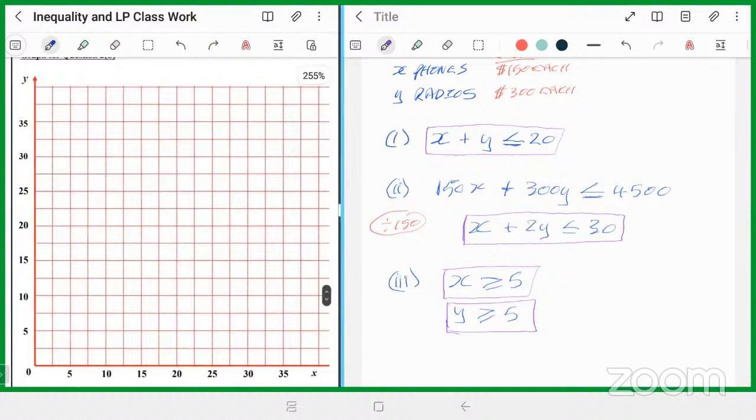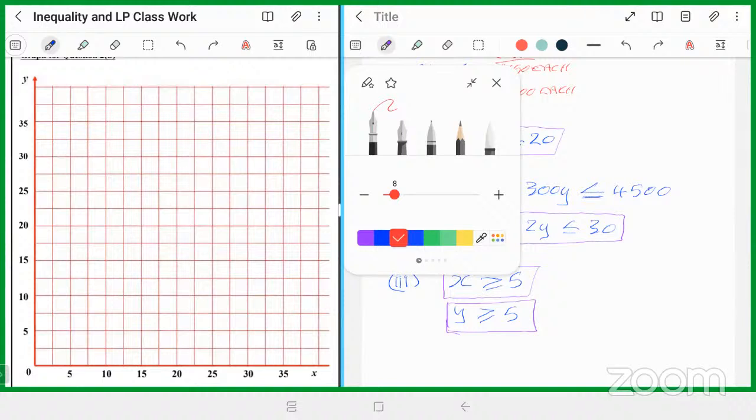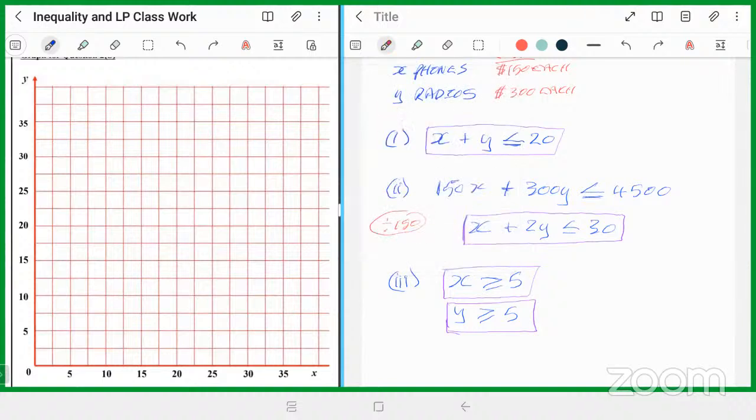So let's talk about this one first and how we represent it. Now, an inequality on a graph is really about identifying a region that is either above or below a line. The line is an equal mark. So if I, for example, have x plus y equals 20, this equal means it's just the line itself on a graph.